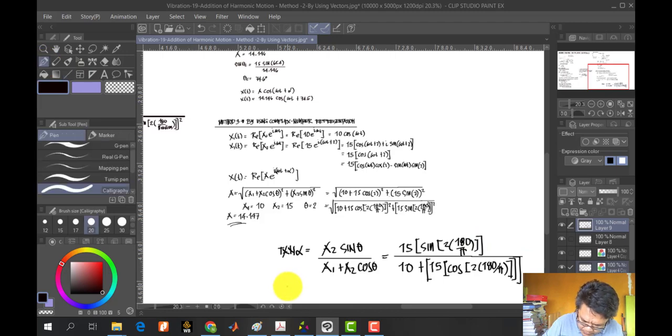So my alpha angle is now equal to 74.59 degrees.